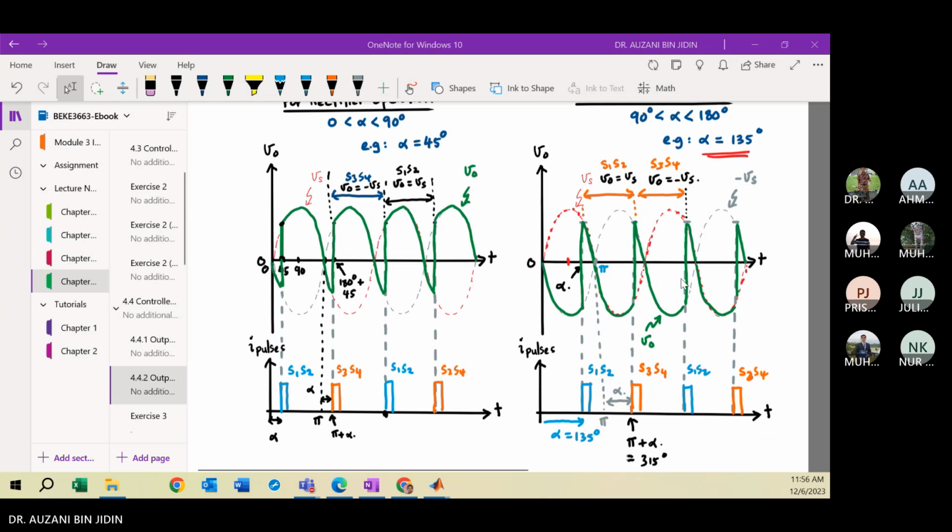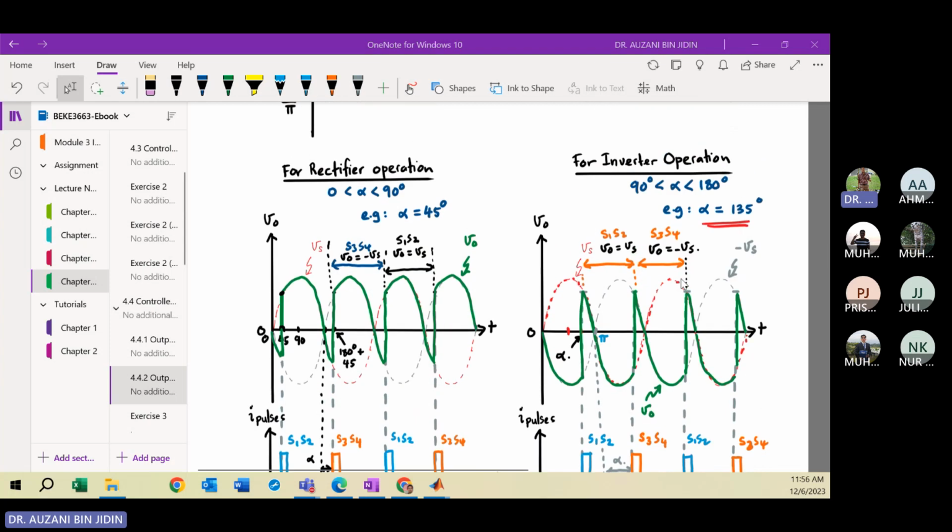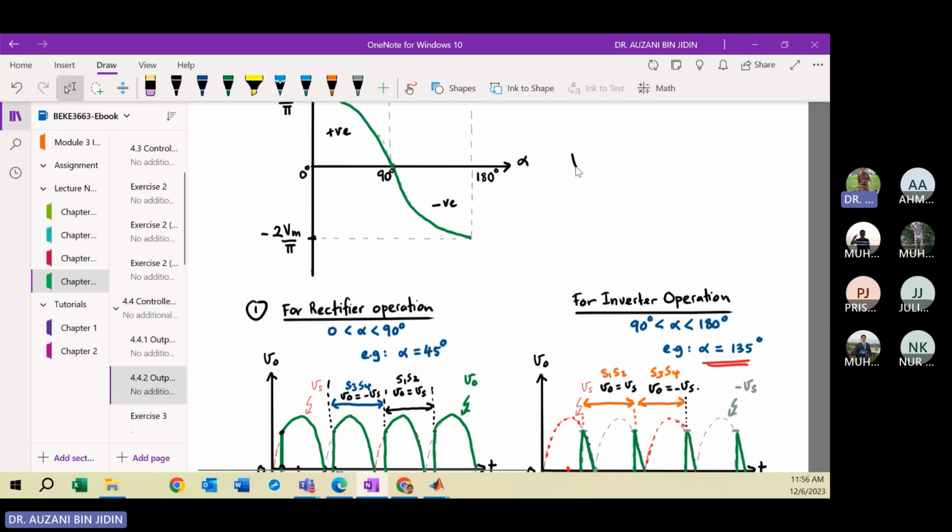Okay. So from the output voltage waveform, for case number 1, to calculate the DC component of the output voltage, you must calculate the net area and divide by the period.